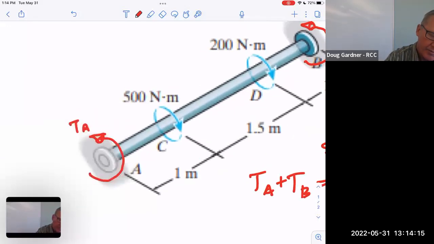For no particular reason, do you agree that all of the twist in this section is twist of A? I'm just going to call that positive out of laziness, I guess. Then the 500 would be negative. When I reach the 500, does it make sense it'd be twist of A, but then minus 500?